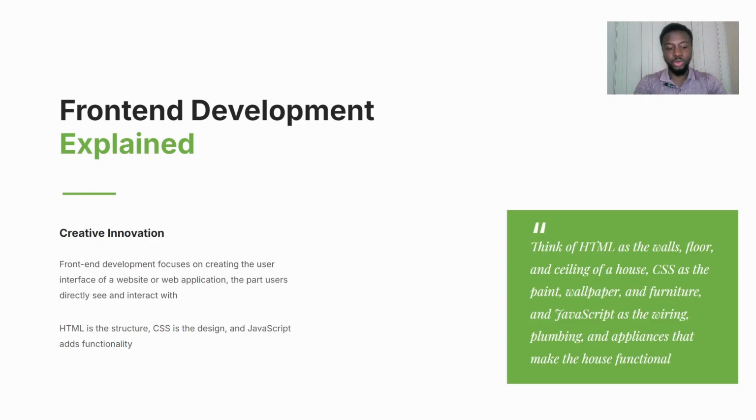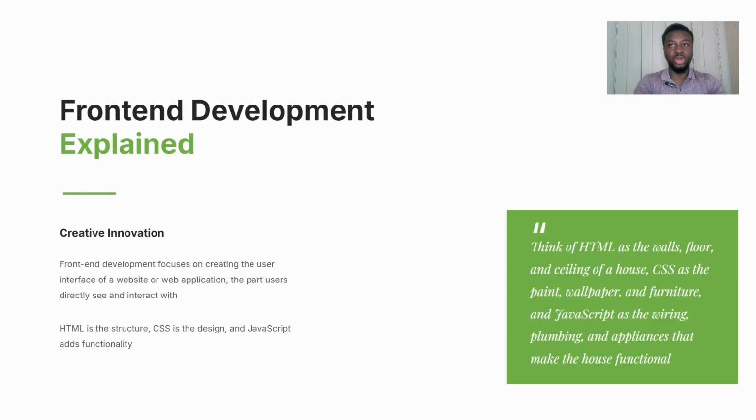HTML is basically the structure of the application. CSS focuses on the design, and JavaScript focuses on the functionality. I used an analogy: think of HTML as the walls, the floor, the ceiling of a house, where CSS is the paint.